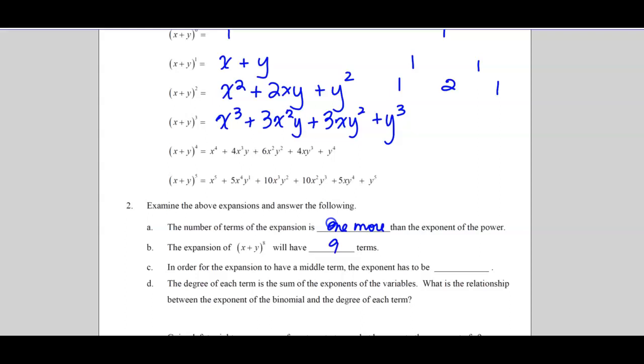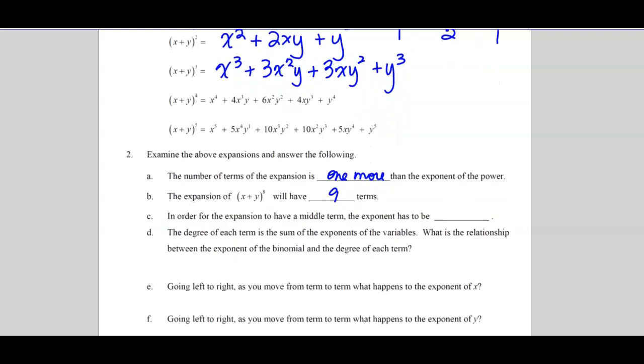Okay, so we might just ask you some properties like that. We're not going to ask you to expand necessarily all of these binomials, but how many terms? What's a particular term, etc. So in order for an expansion to have a middle term, notice here we have 9 terms in this one. Would we have one middle term? Yes, if it's an odd number, you'll have a middle.